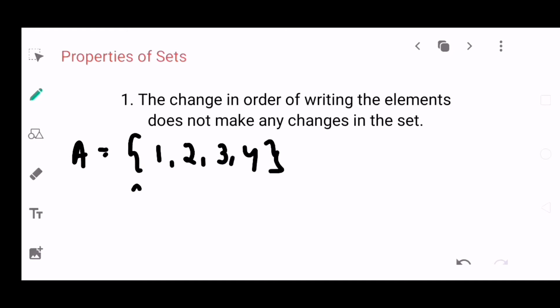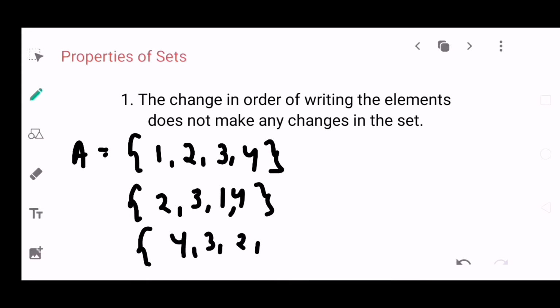Whether I write this as 2, 3, 1, and 4, or 4, 3, 2, 1, it doesn't matter. It is still representing the same set, set A, meaning the order of the elements inside your braces does not matter. So that's it for our first property.